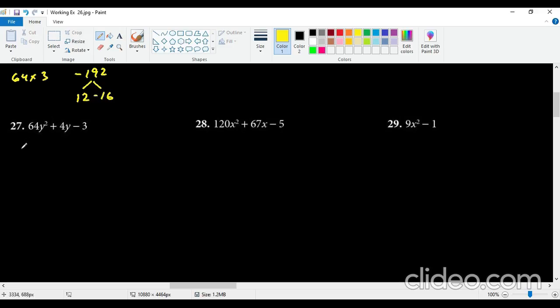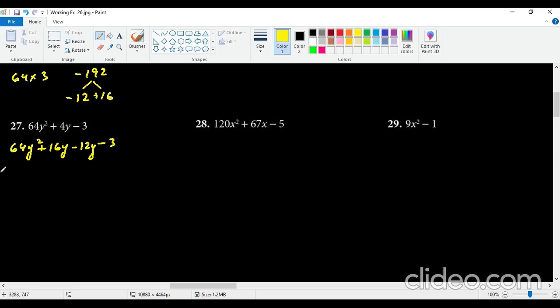So I will write 64y square and minus 3 as it is, and plus 16y and minus 12y is going to give us a plus 4y.